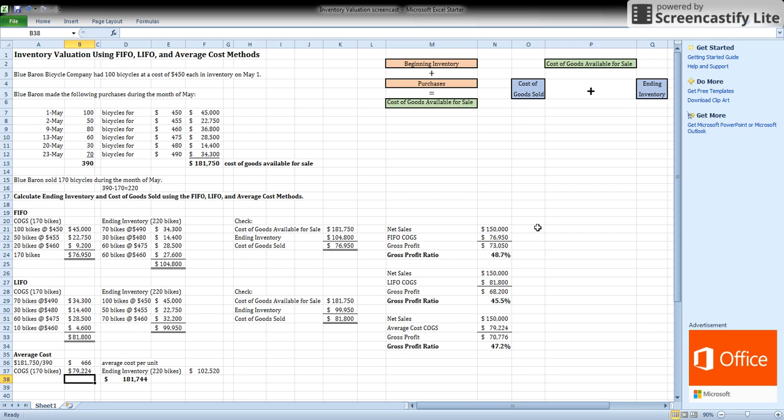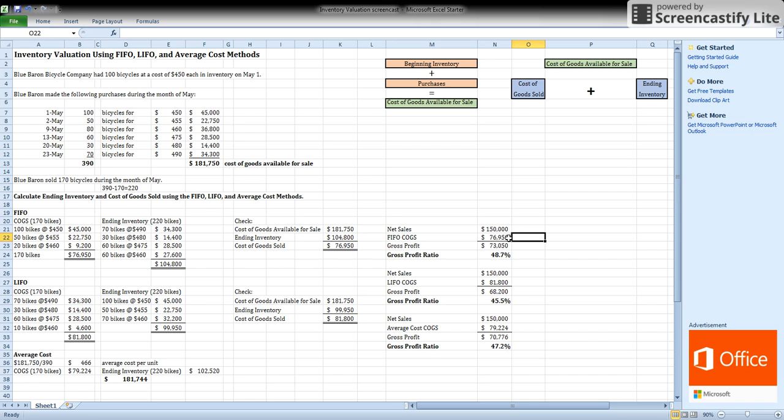And we can see it over here in this little example that I've used. If we assume that Blue Baron Bicycle Company's net sales for May were $150,000, and they used FIFO as their inventory valuation method, their cost of goods sold would have been $76,950.